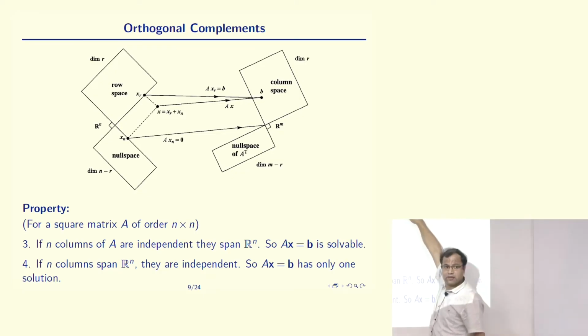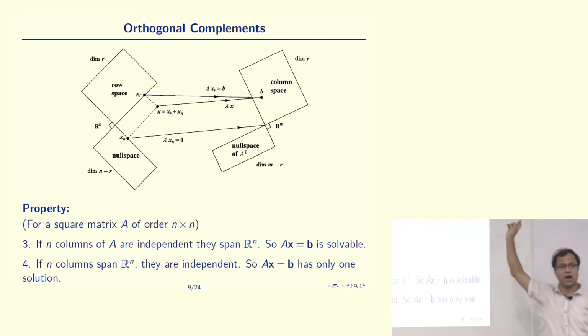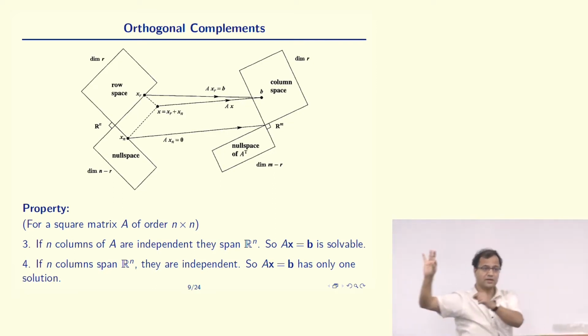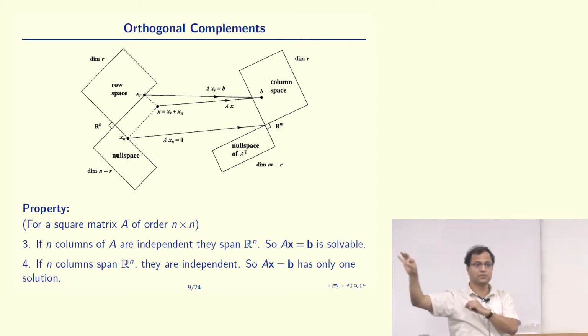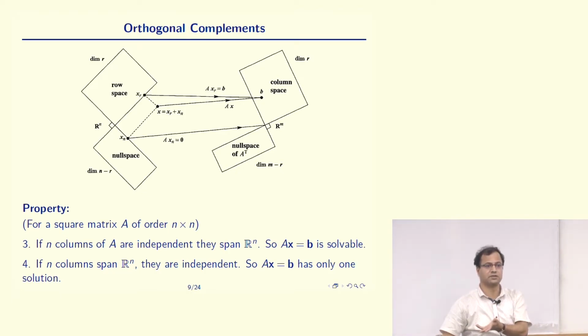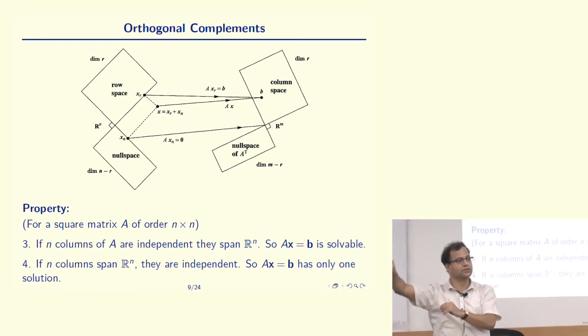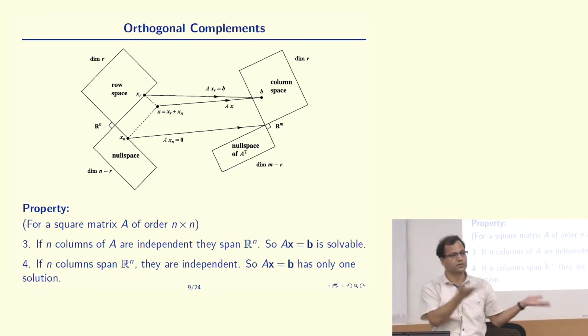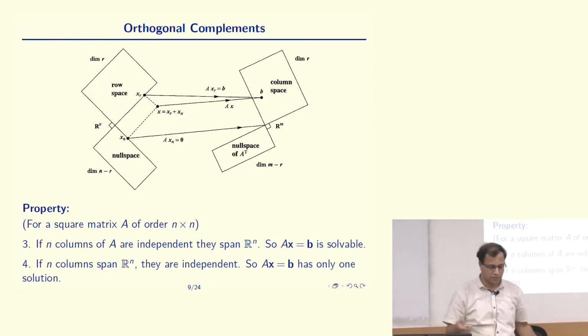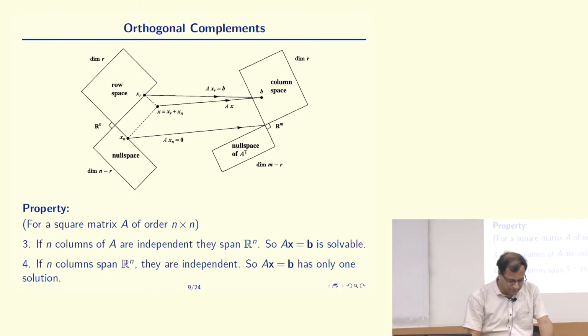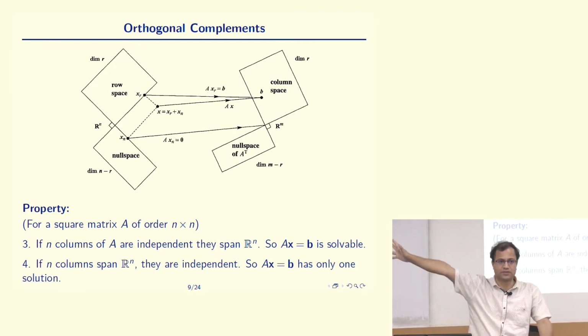That means the null space will be 0. So the total column space will be your Rm. Any vector B you choose will give you a solution. When your column space is the full Rm, it is always solvable. So that's the first point.